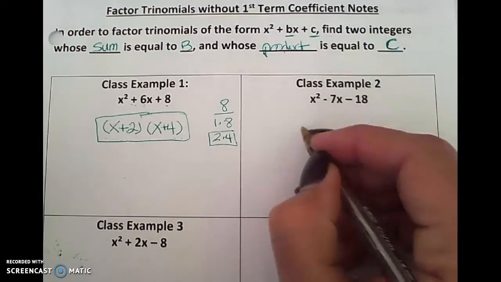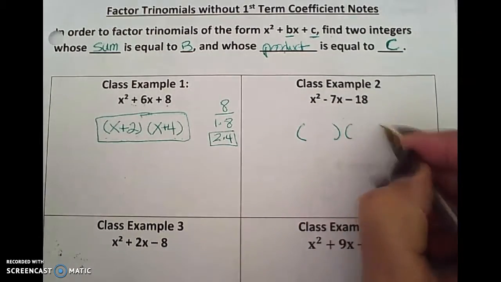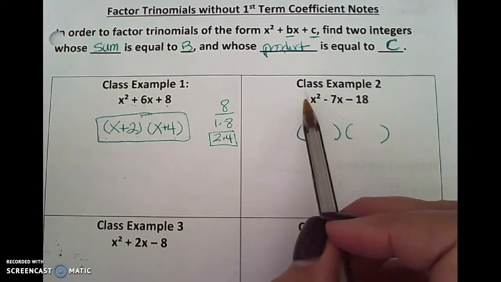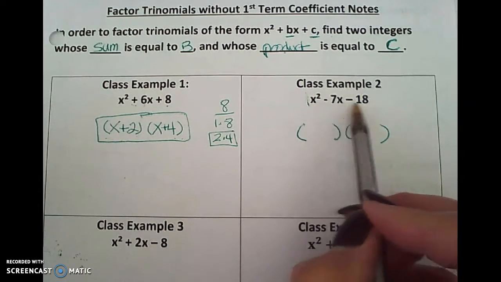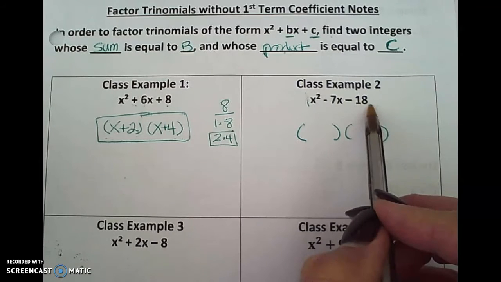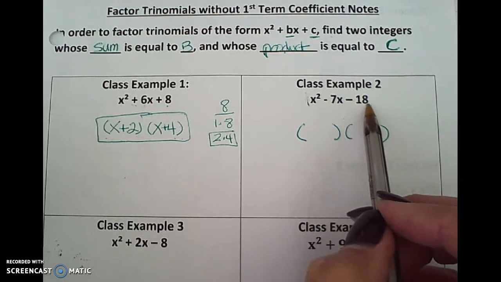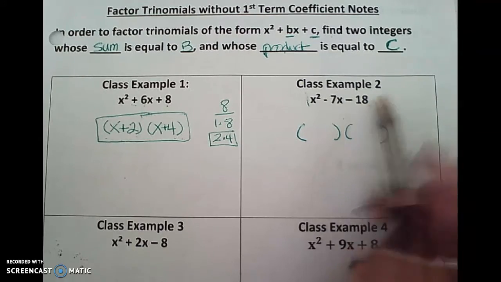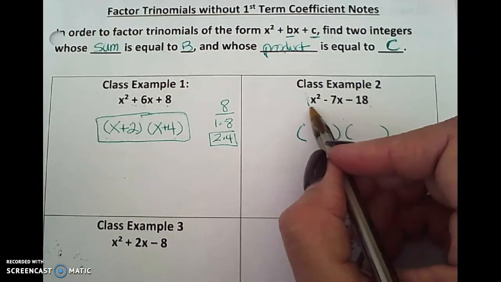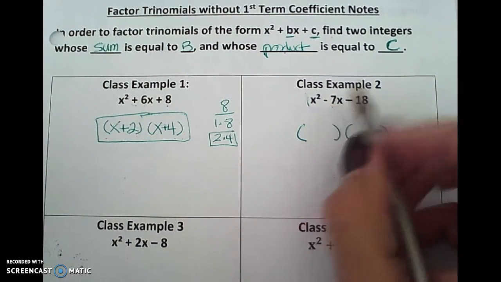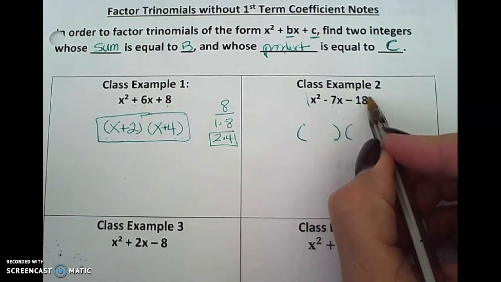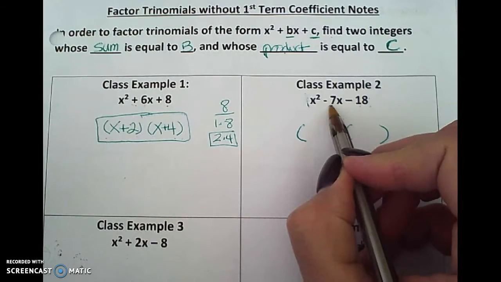It is going to be a binomial times a binomial. There is no first term coefficient, or it's understood as 1. There's no GCF here. They don't all have an x. We cannot forget our GCF because that's going to come into play again. So we're finding the factor pair that will multiply to be negative 18 and add to be negative 7.